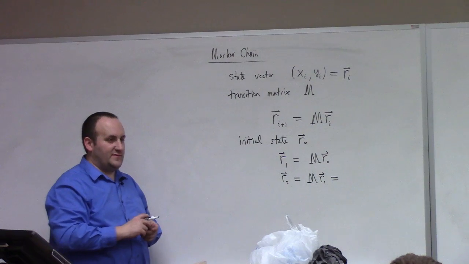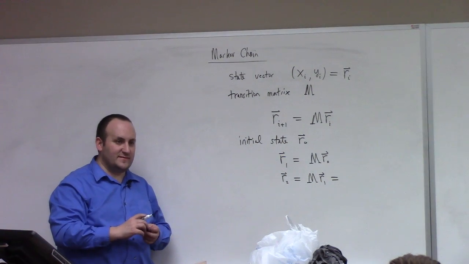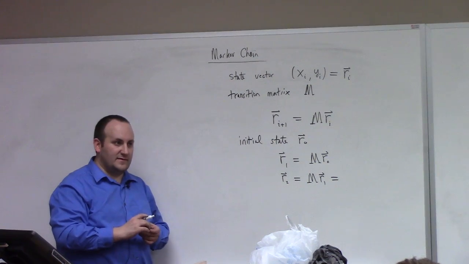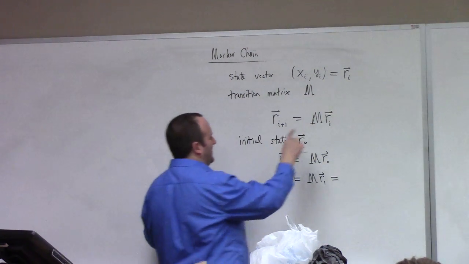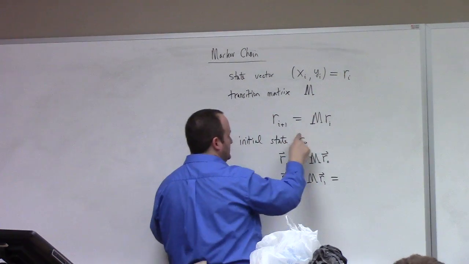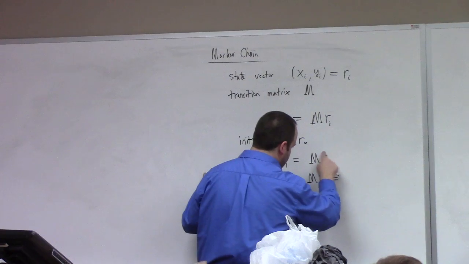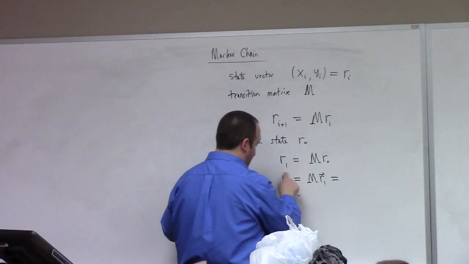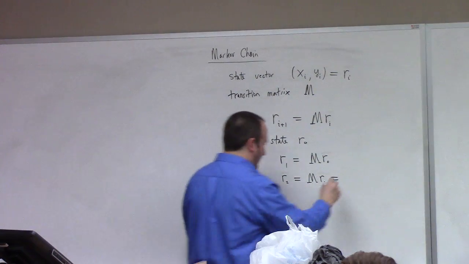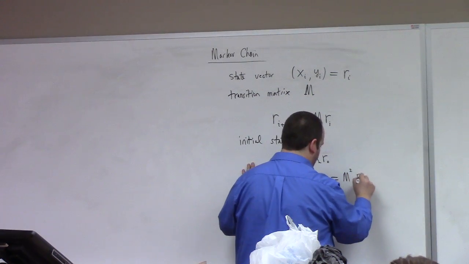I'm really regretting putting a vector symbol on this R. This is applied linear algebra. We don't want to put vectors on vectors. It's just R, no vectors. So it's M squared R0.